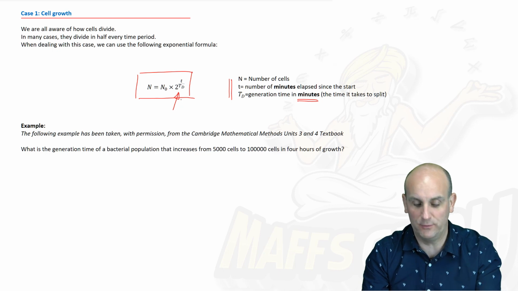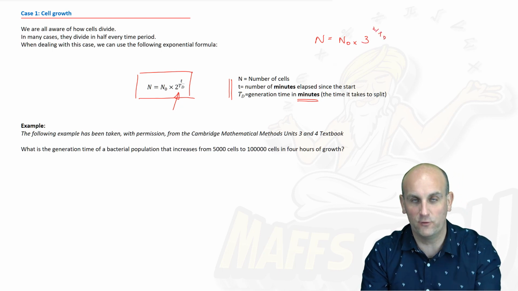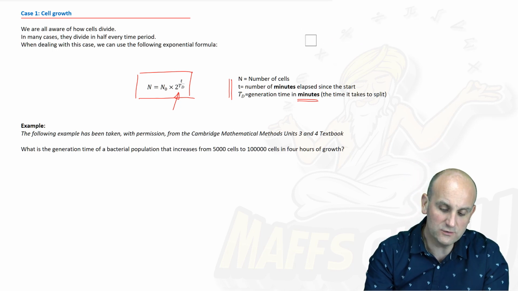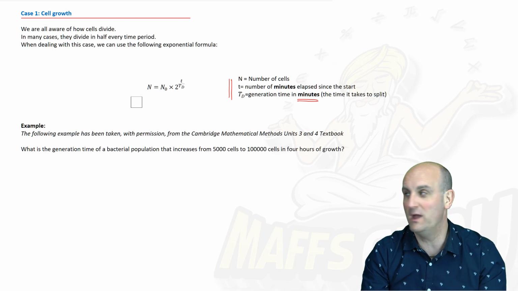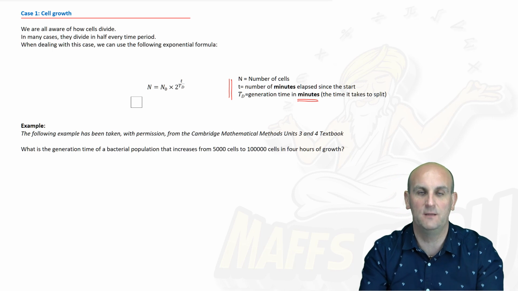If they were to triple, then my formula would be N equals N0 times 3 to the power of t on td. If they were to multiply by 4 every time period or generation time, it would be 4. They can also try to trick you by giving you a percentage growth. So it might well be that they increase by 10% each time period.